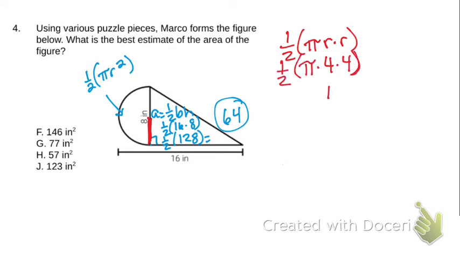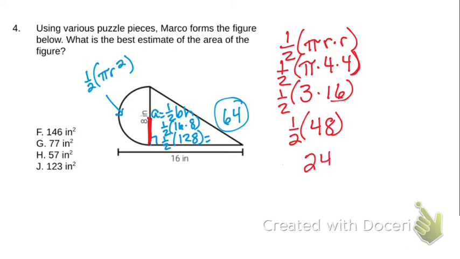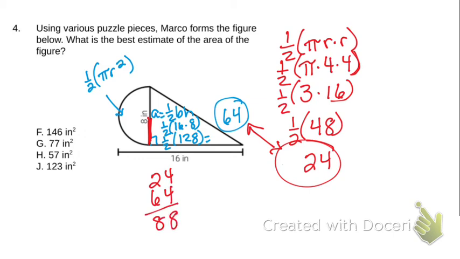So 4 times 4 is 16 times pi. So let's say pi is 3 here and 1/2. So 3 times 16 is 48, and 1/2 of 48 is 24. Now, I do not have an answer choice that says 24, but remember, that's just half of the circle. If I do 24 plus 64, let's see, I have 88.